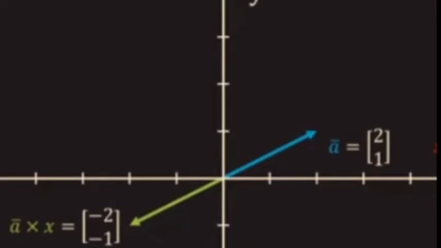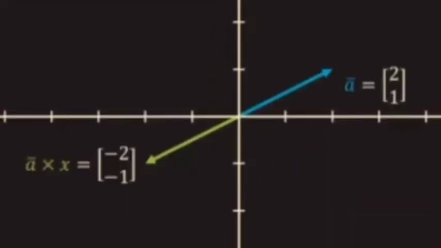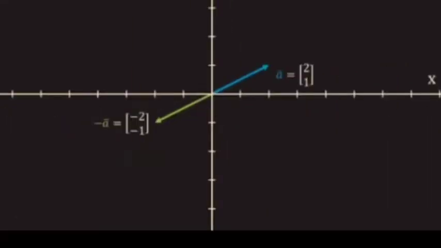How about if we're going to multiply it by a negative? So let's say we have vector A equal to (2, 1), multiplied by scalar x, which is equal to -1, then that is (-2, -1). So we can see that the vector moves to the opposite direction. So that is scalar operations.